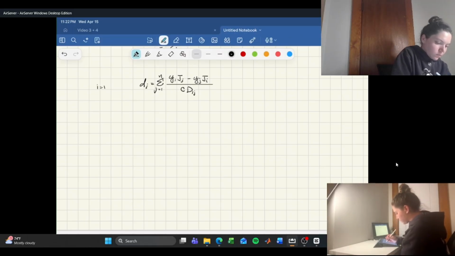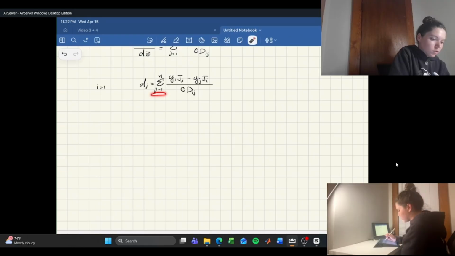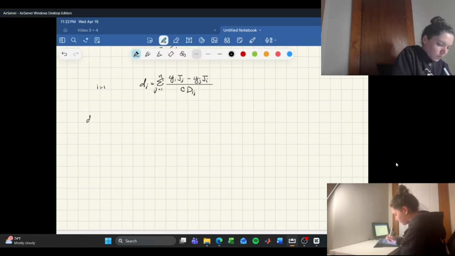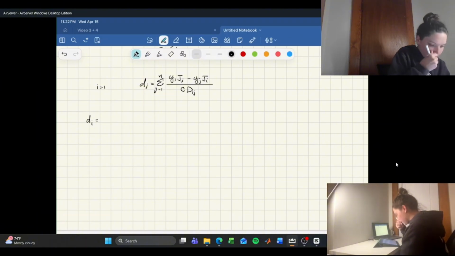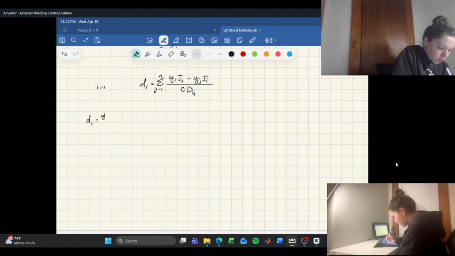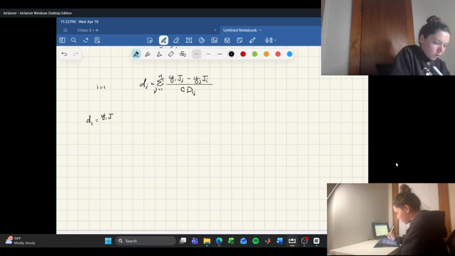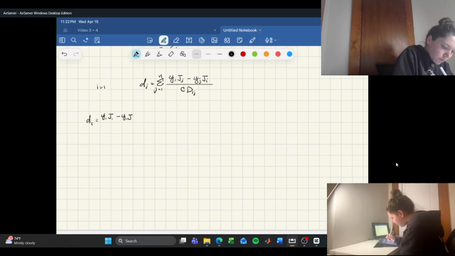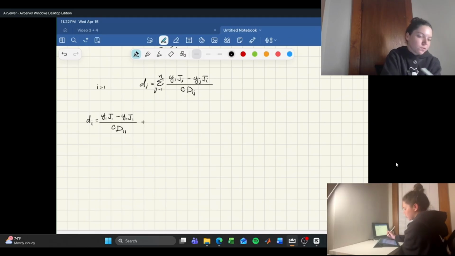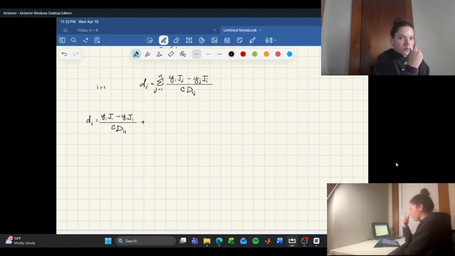So with this equation, if we plug in 1 for i and start the summation with j equal to 1, we're going to have that the driving force is equal to the mole fraction of 1 times the diffusion flux of 1 minus the mole fraction of 1 times the diffusion flux of 1, over the concentration times the diffusion coefficient of 1, plus, this is a binary mixture, so we're only going to go up to 2 for the summation.